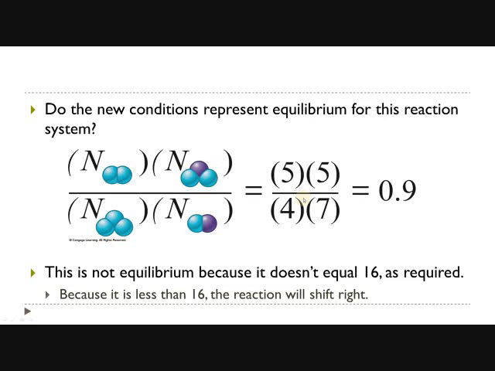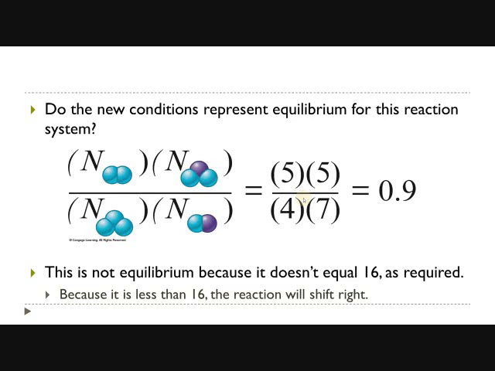Well, if you plug in the numbers, it solves to be 0.9. So no, that means that it is not at equilibrium, because it doesn't equal 16. Since it's less than 16, that tells us that it's going to shift to the right. So we need to make some more products, make the numerator bigger, so that we can get the ratio to be more like 16.